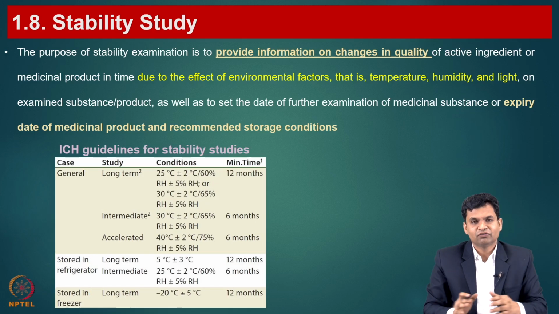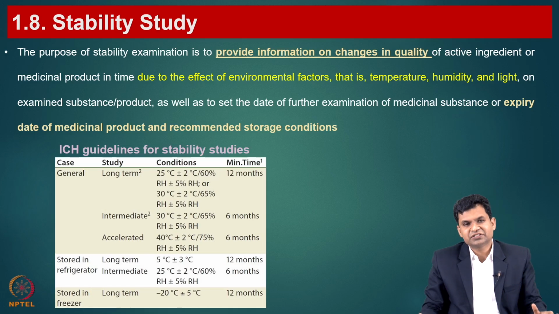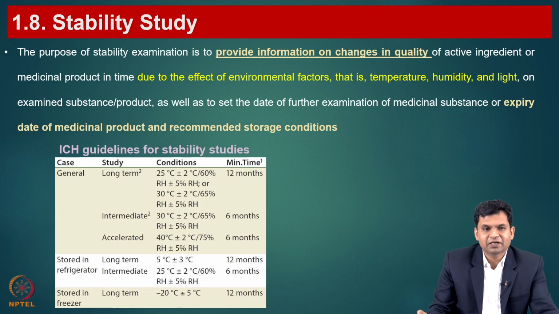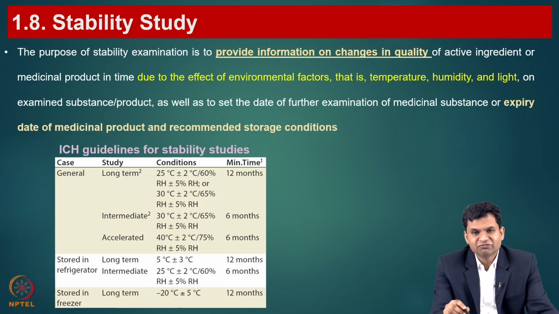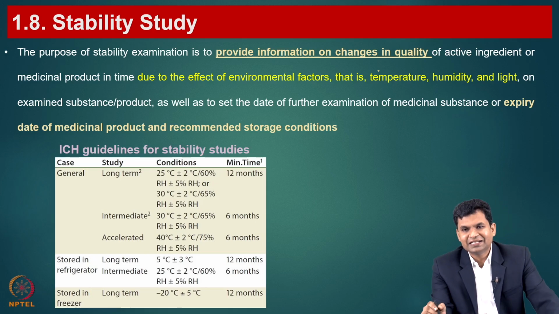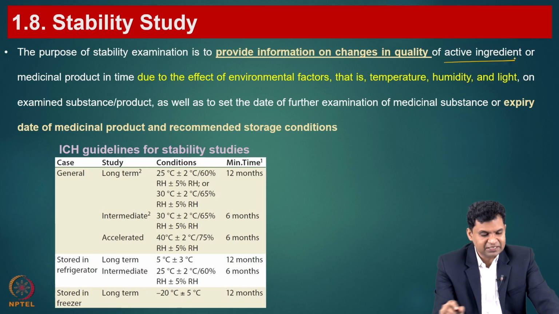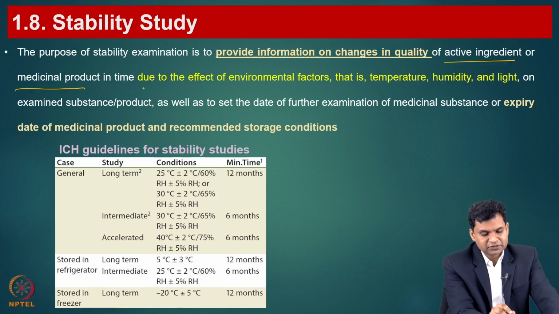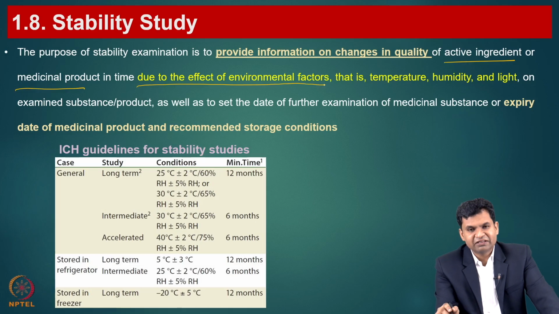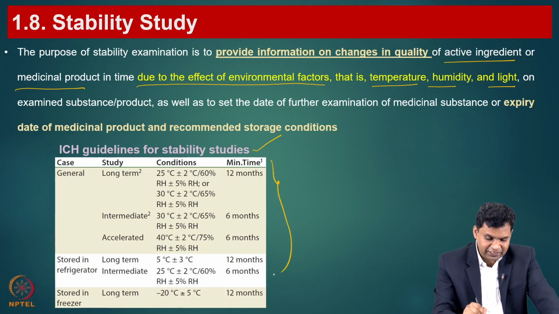So, we know that we need to understand the storage conditions of the product. Here the main purpose of the study is to provide information on change in quality of the active ingredient or medicinal product due to the effect of environmental factors, that is temperature, humidity and light. This is the common study recommended by the ICH, and these are the requirements.